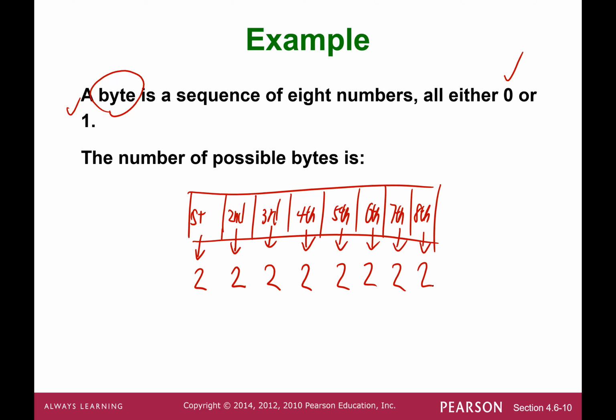So since they are all independent, you multiply across. This turns out to be 2 to the 8th power. And 2 to the 8th power should be, I think 200, let me see. 2 to the 8th, it's 256. 256 bytes, total.